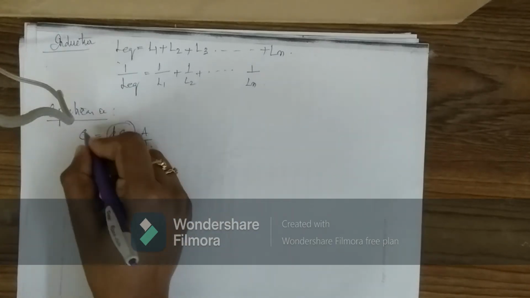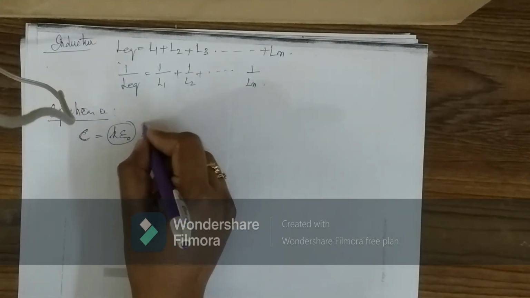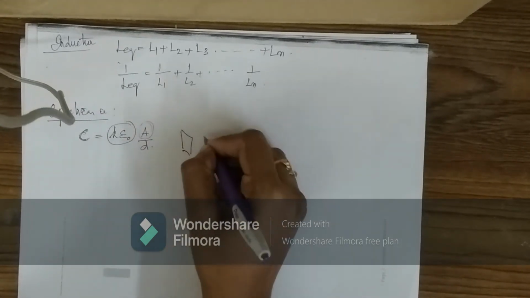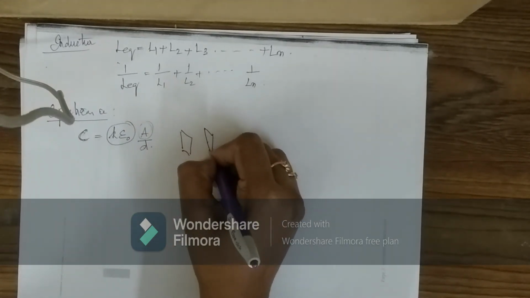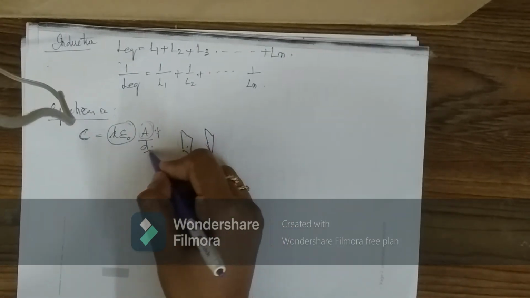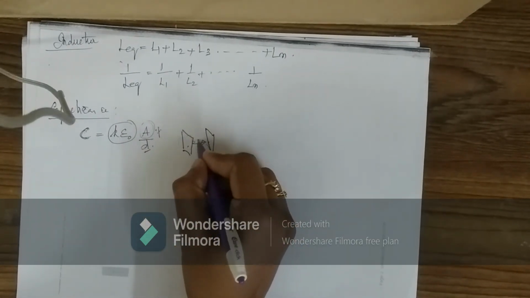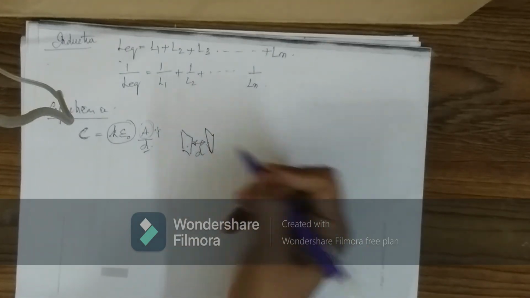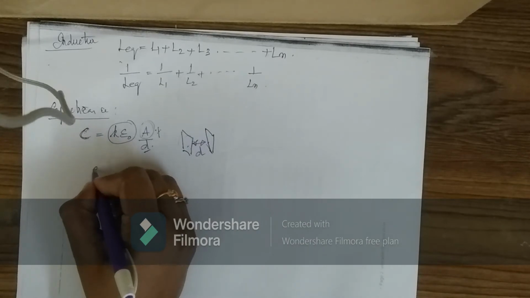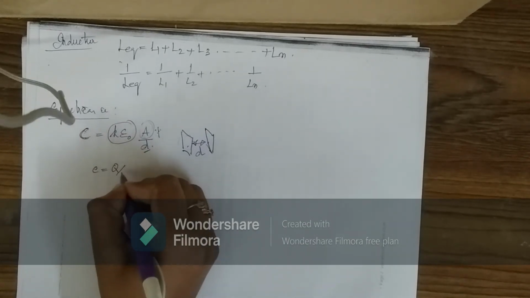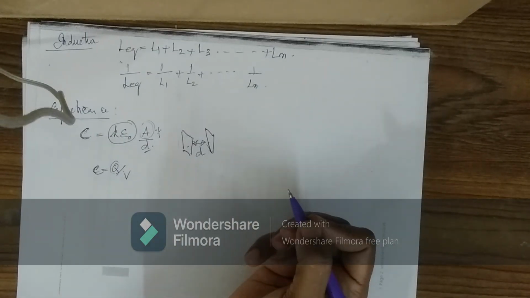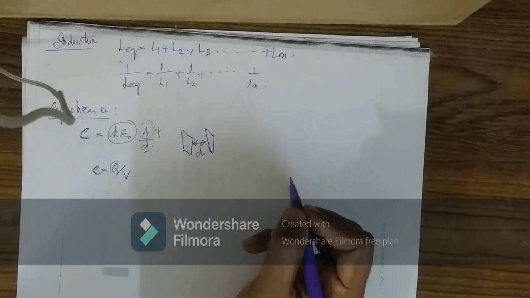So your capacitance is directly proportional to the area of the plates and inversely proportional to the distance between these two plates. We also have another formula, C is equal to Q by V, where Q is the charge and V is the supply voltage.